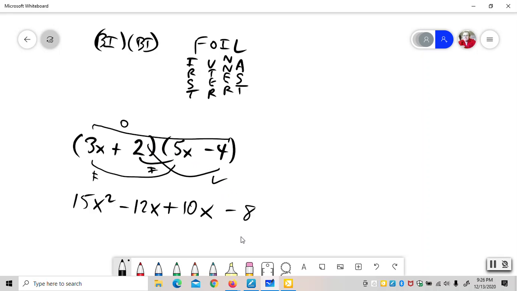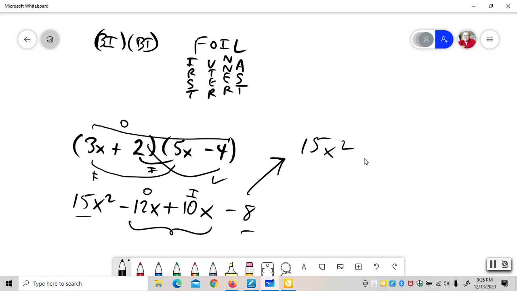In a case like this, where you have some variable plus a number, similar variable plus a number or minus, the first term is going to be x squared or y squared or z squared or whatever. The last term is going to be just a plain number, and the results from the outer and the inner are going to be like terms that can be added or subtracted. So the 15x squared remains unchanged.